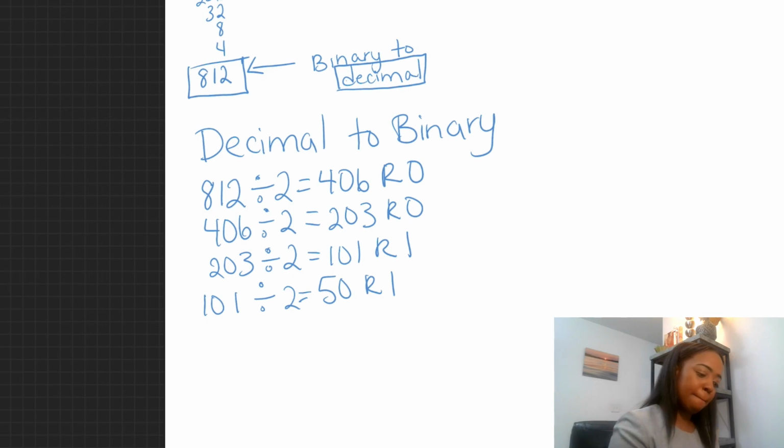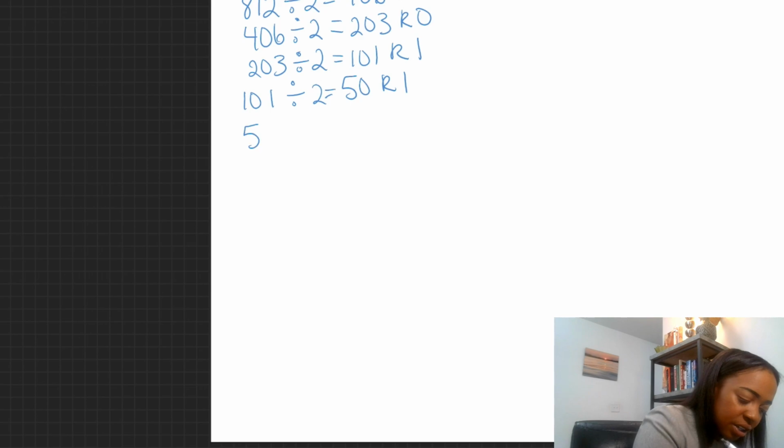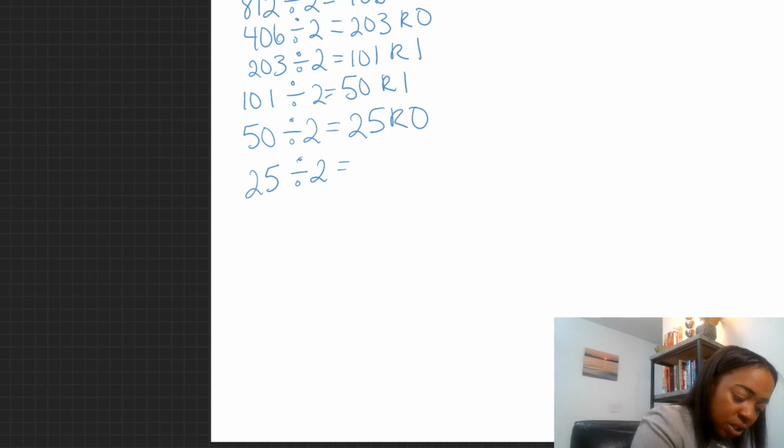Then we have 50 divided by 2 equals 25, remainder 0. Then 25 divided by 2 equals 12, remainder 1.